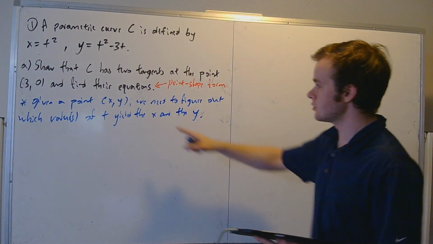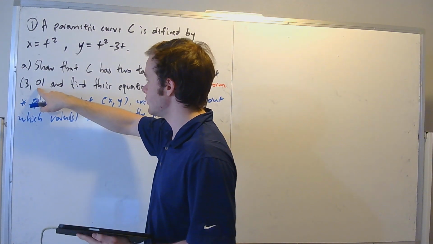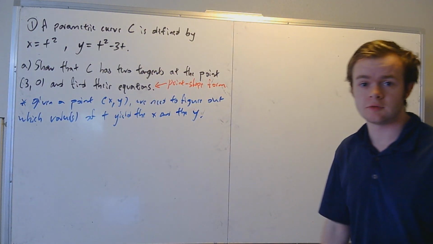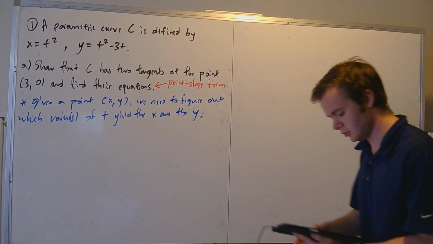So we know that x is equal to 3 and y is equal to 0, but whenever that's true, we need to figure out what t is equal to.